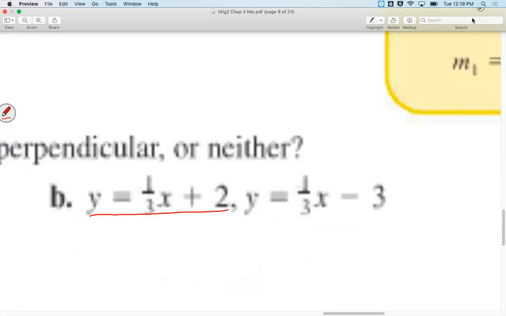The red line, that slope is 1/3. The green line, that slope is 1/3. So they are parallel. Does anybody know the symbol for parallel? Yeah, it's the L's in parallel.